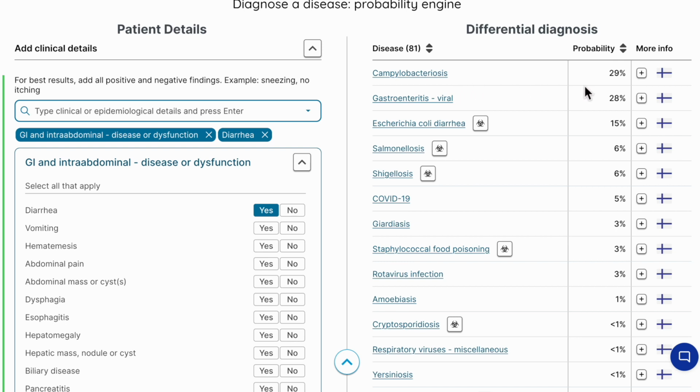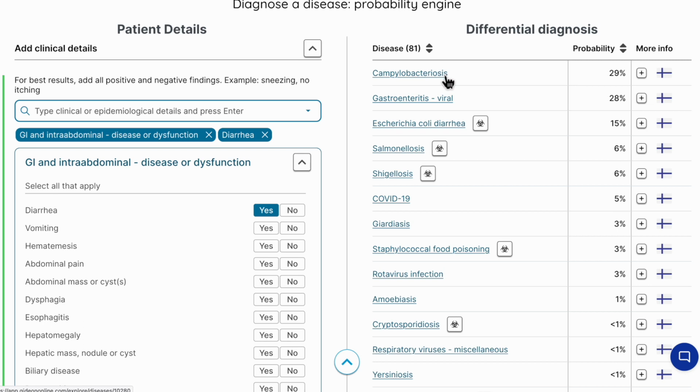How do we know that? Gideon is saying that 29% of people with these symptoms, in this particular case, one symptom, 29% of patients with these symptoms can be expected to have campylobacteriosis. And if you think about it, Gideon is saying, in essence, that 71% of people with these symptoms do not have campylobacteriosis.